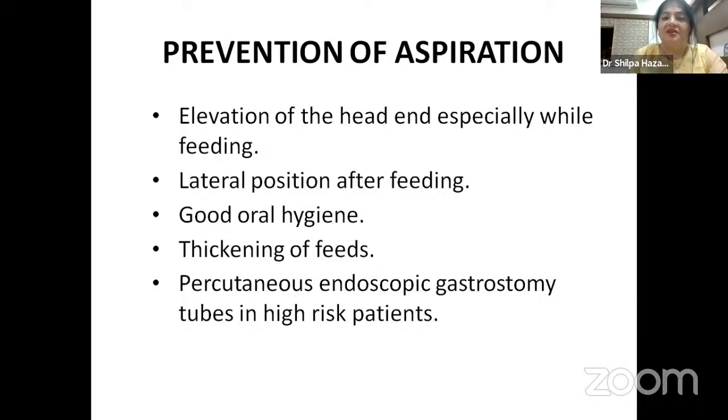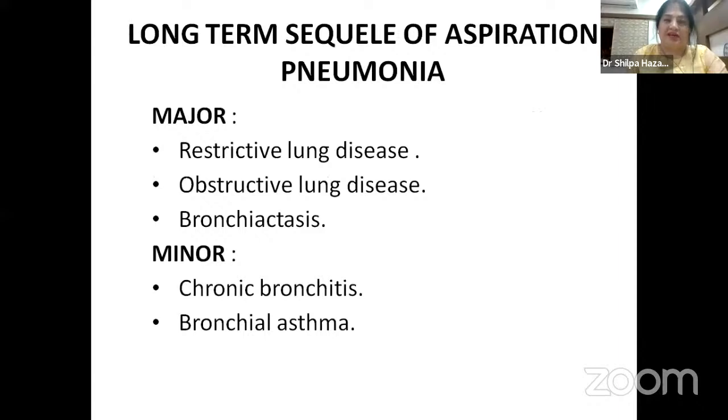Only thickening of feed is indicated, but if it's an older child with neurological impairment, one can do elevation of the head, but in younger infants that should be avoided because of the risk of SIDS. And in children with neurological impairment, one could also think of percutaneous endoscopic gastrostomy tubes, which is PEG, because that would significantly reduce the risk of aspiration.